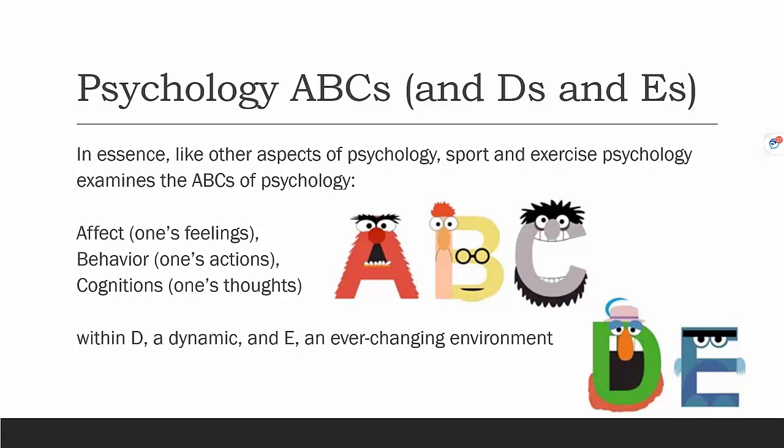C is for cognition, which is one's thought processes or thoughts. D is for dynamic, and E is for ever-changing. D and E go together because most situations are fluid. They change over time and with different stimuli, so that is why D and E are sometimes included with the ABCs.